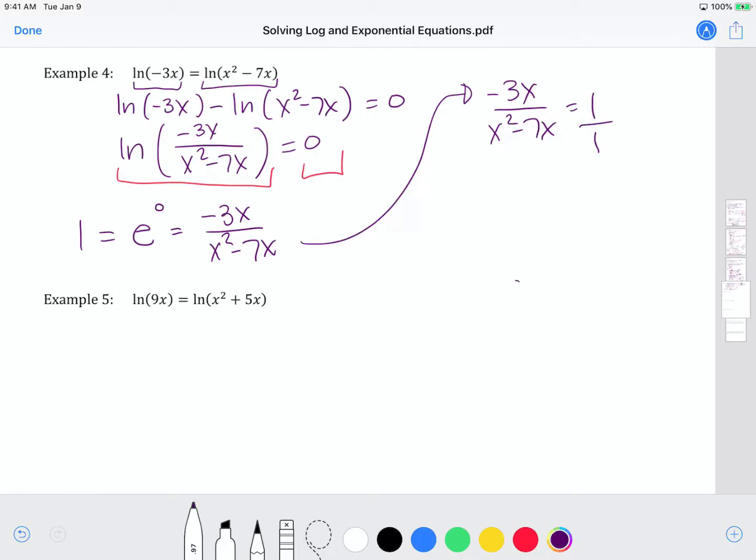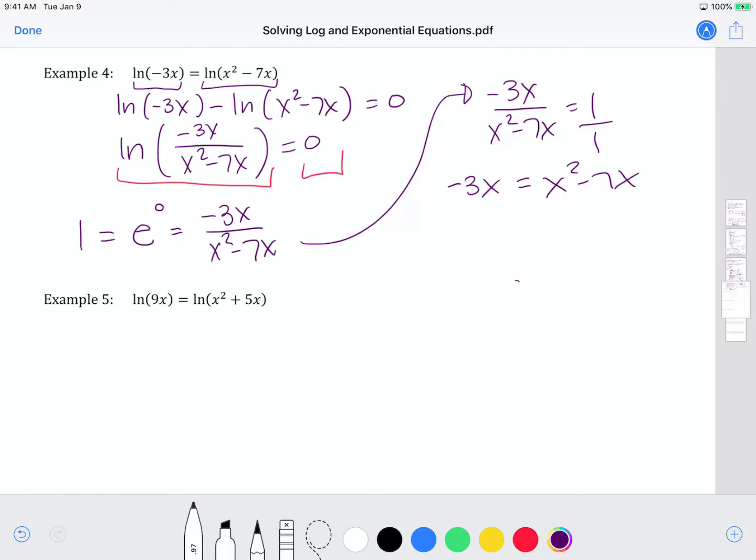And then again, you can either cross multiply or multiply both sides of the equation by x squared minus 7x. It just depends on what your preference is. I'm going to use cross multiplication, and I get that negative 3x is equal to x squared minus 7x.